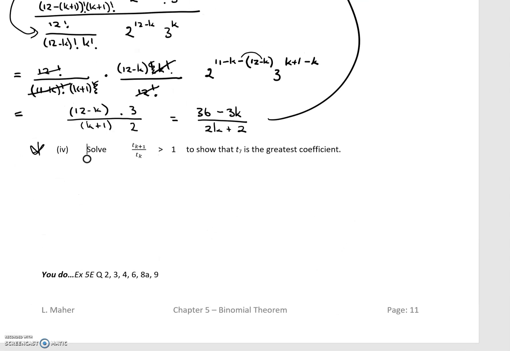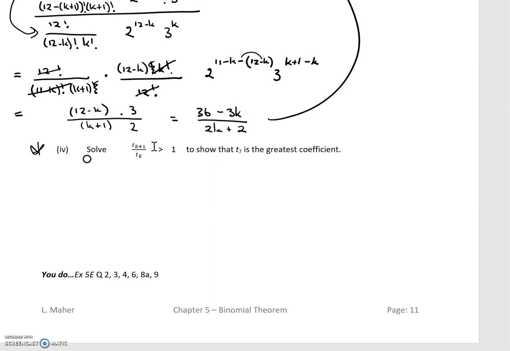Now, to show that T7 is the greatest coefficient, and please don't confuse that with the 7th term. No, coefficient 7 belongs to the 8th term in the expansion. But let's do this by fairly simple solving an inequality.